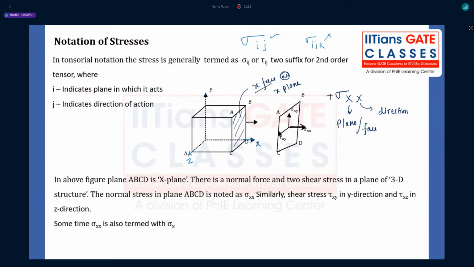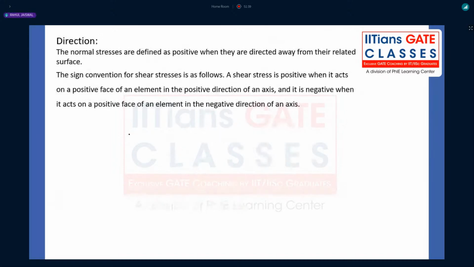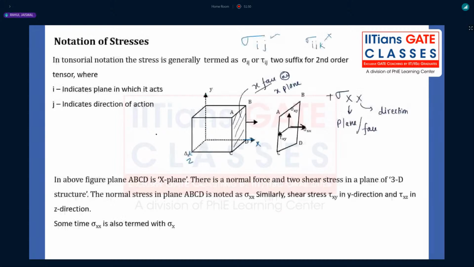That's why we call it positive sigma xx. The normal stresses are defined as positive when they are directed away from their relative surfaces.